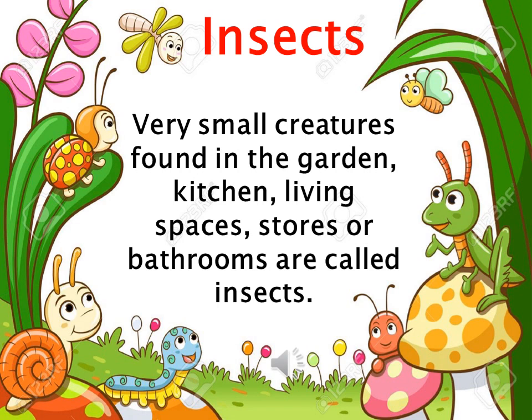Such very small creatures are called insects. But the question is, how to make sure that the creature you are seeing is an insect? So, to make sure about that, let's discuss the characteristic features of insects in our next slide.